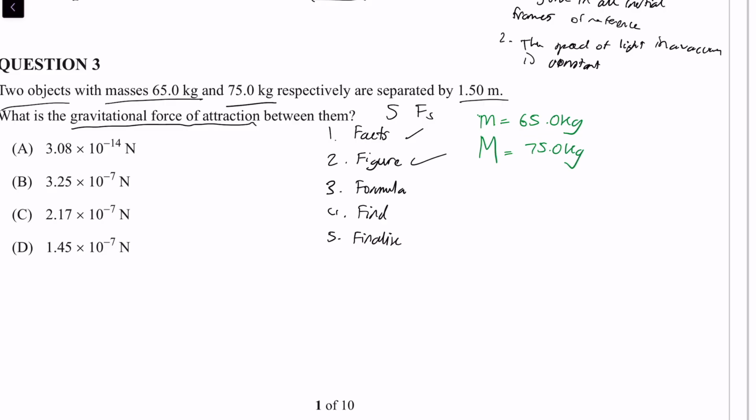Okay, and they are separated by 1.50 meters, right? So I know that meters is a distance or length, and I can just put R down for that. So R equals 1.50 meters.